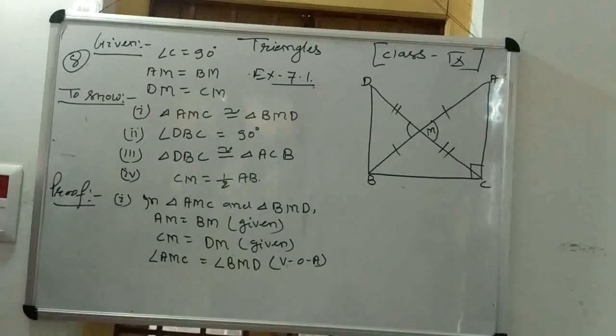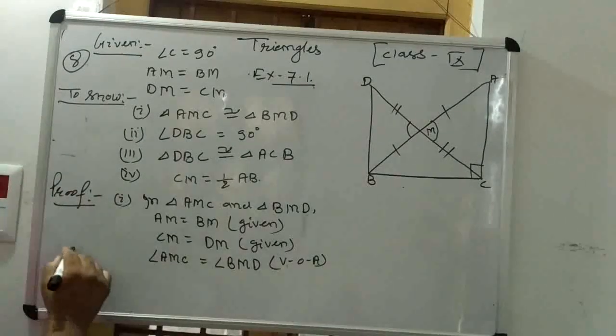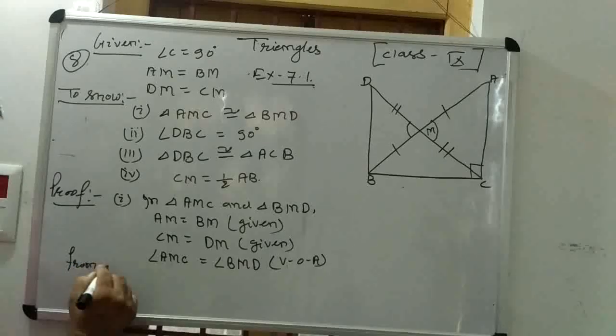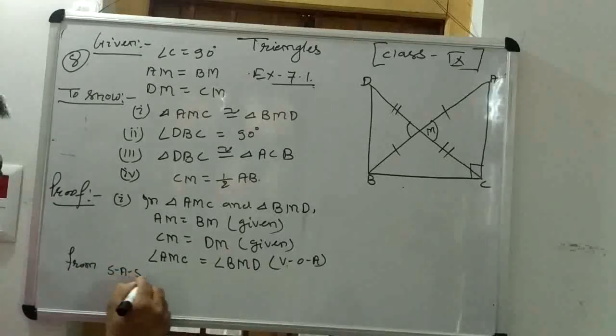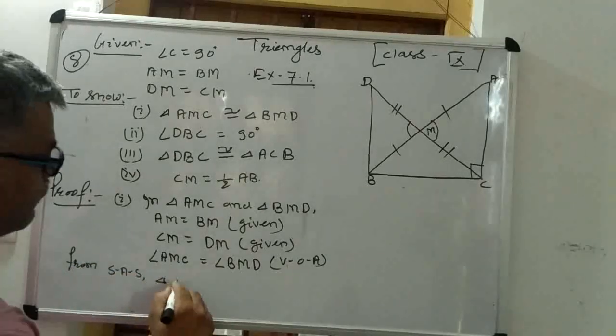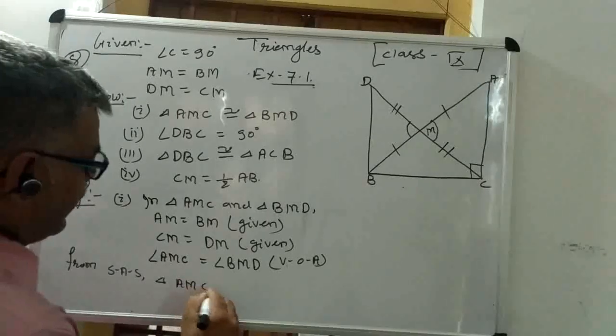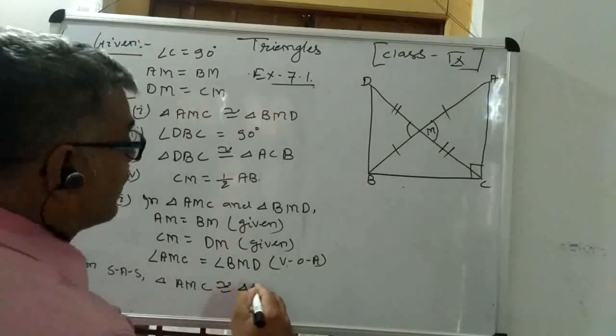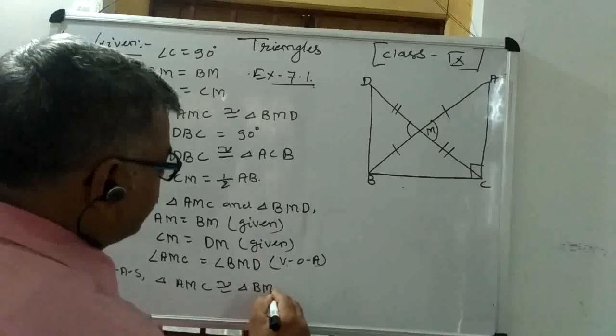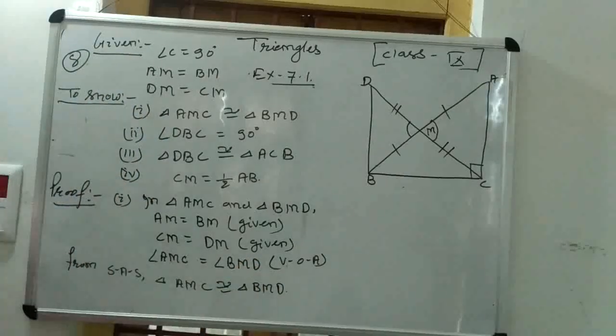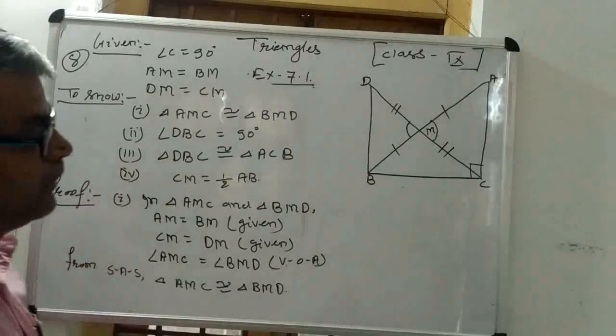So by the condition SAS, these two triangles become congruent. That is, triangle AMC is congruent to triangle BMD. Hence part 1 is proved.